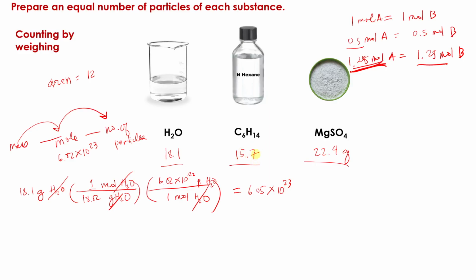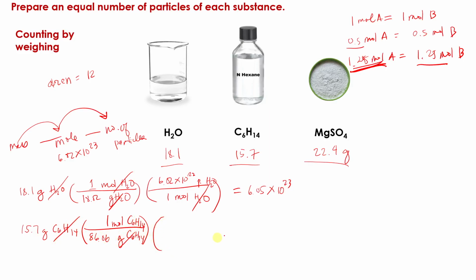Let's proceed to the second one. We have 15.7 grams of hexane, C6H14. Then again, from the grams to the number of moles. So 1 mole of C6H14 is equal to 86.06 grams.